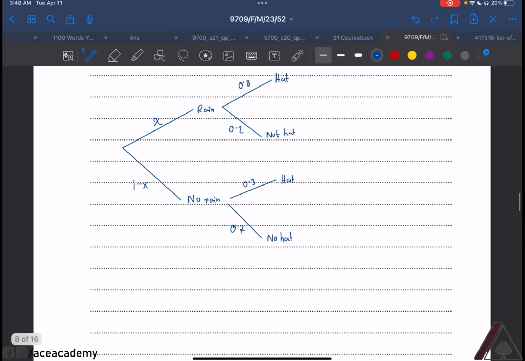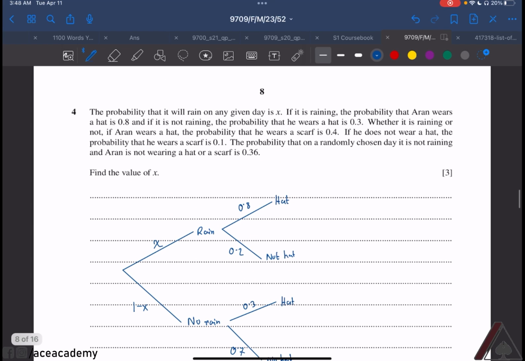Okay. Then it said whether it's raining or not, if Aaron wears a hat, the probability that he wears a scarf is 0.4. So scarf 0.4. No scarf is 0.6.